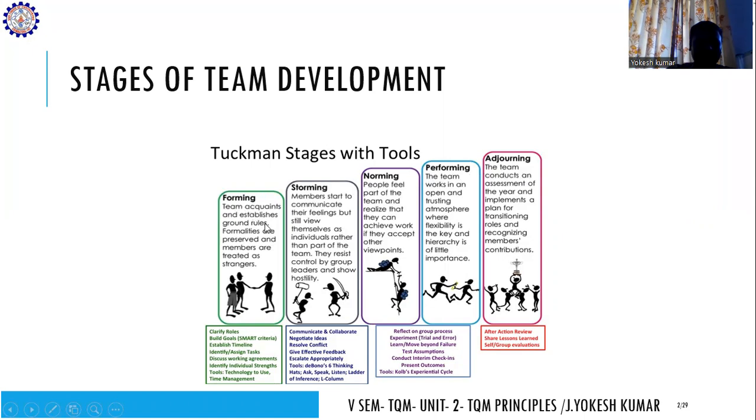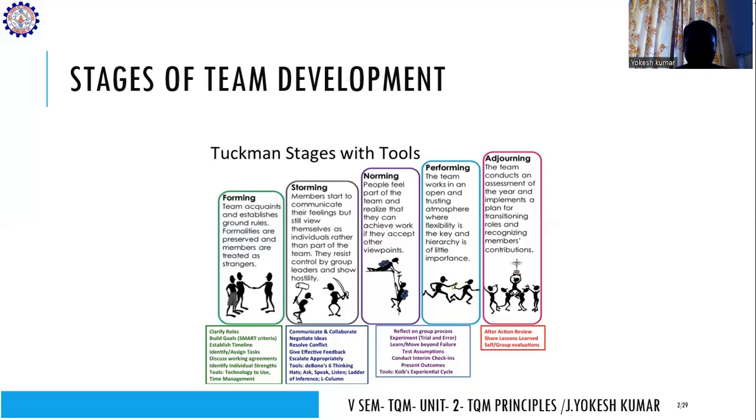Forming is a stage where the team becomes acquainted and they establish the rules and formalities required for the successful functioning of the team. In this case, the team members are considered as strangers.